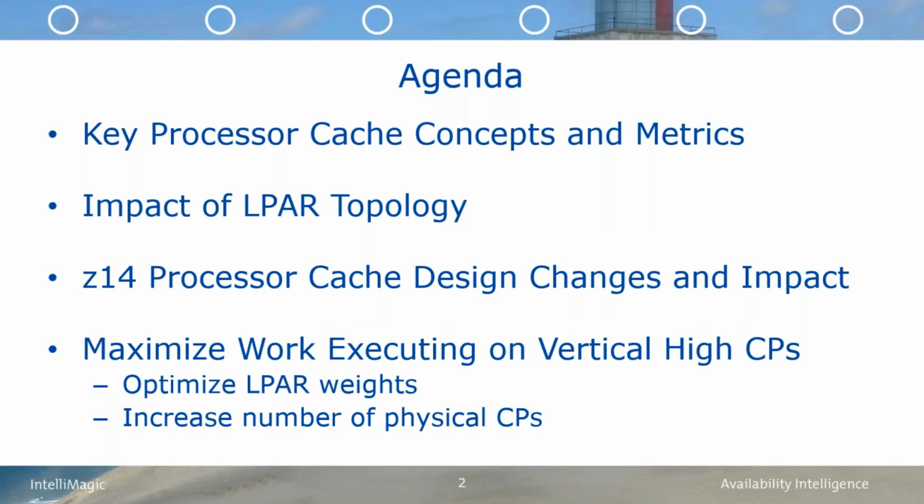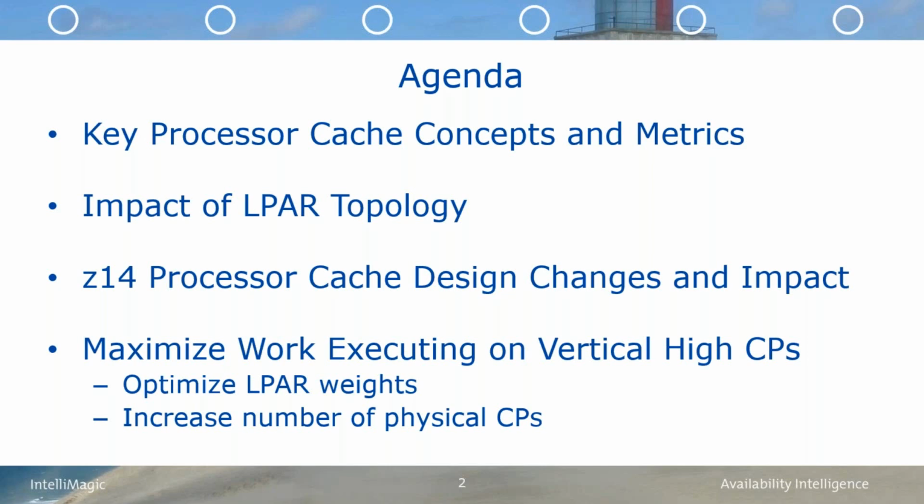There's a lot of continuity in processor cache concepts between the Z13 and Z14, but we'll examine the key changes in processor cache design on the Z14 and see how these changes impacted the metrics in a Z14 case study. Finally, we'll leverage these metrics to show the positive impact on processor cache efficiency that can be achieved by maximizing the work that's executing on vertical high logical CPs through optimizing LPAR weights and increasing the number of physical CPs.